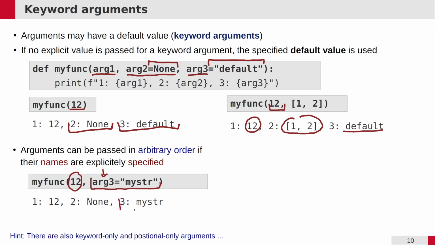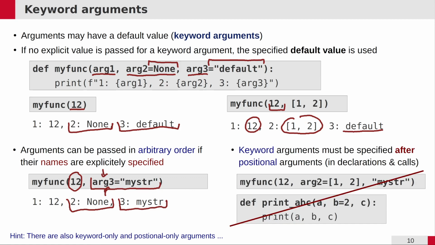Then you see the third argument would be myStr, and the second argument would just have the default value which was specified to be None. And this is the only way to specify the third argument without specifying the second one. So you can use it in the call by providing the name of the argument. That usually works quite nicely. There is just a hint here that there are so-called keyword-only and position-only arguments as well. We will talk about that also in a sec.